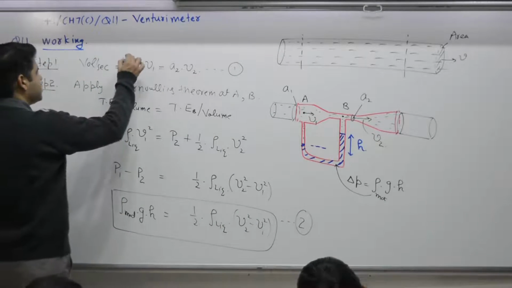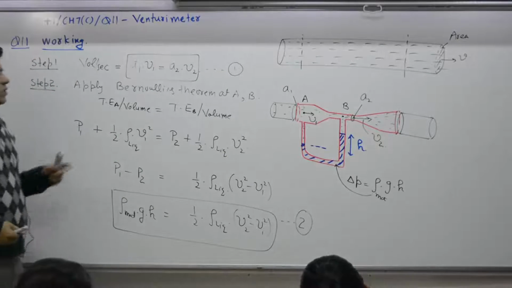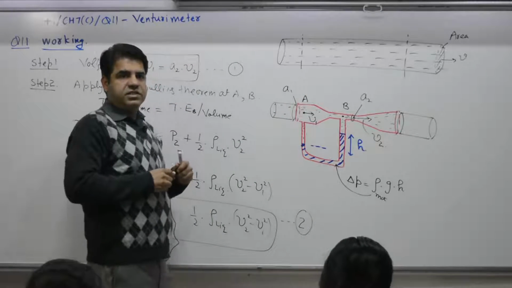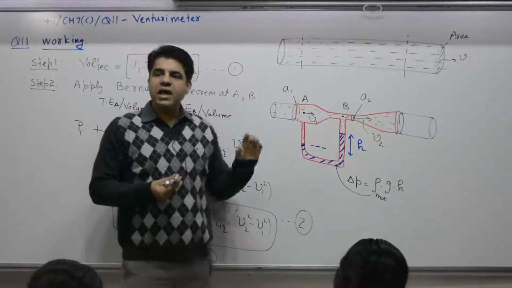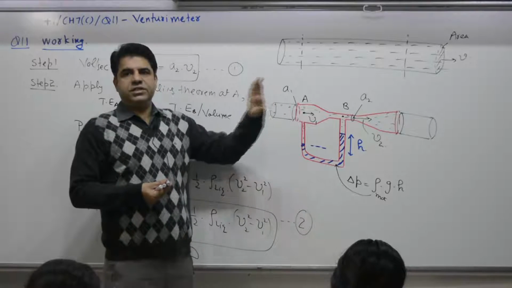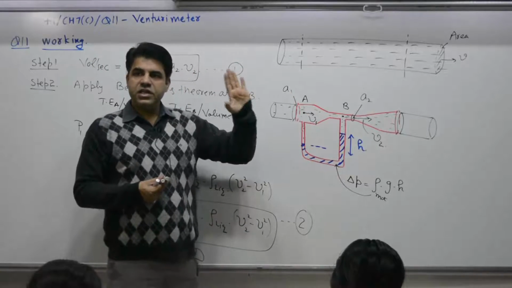There are two equations. This area is given, fixed. For a given Venturimeter in the lab, A1 is fixed and written on the specification sheet. A1 is given. A2 is also fixed, given.